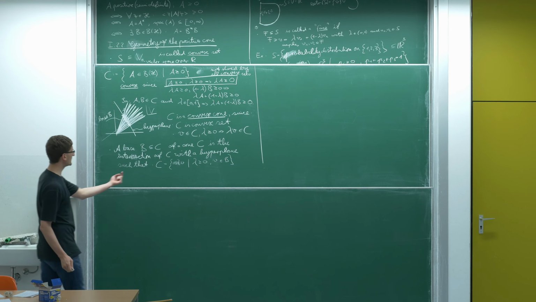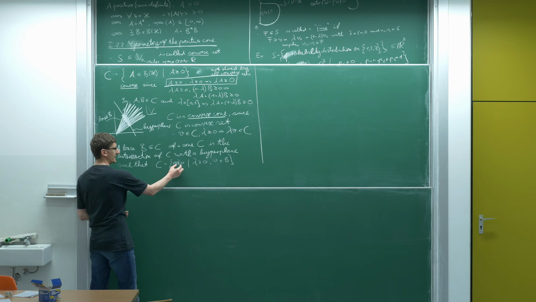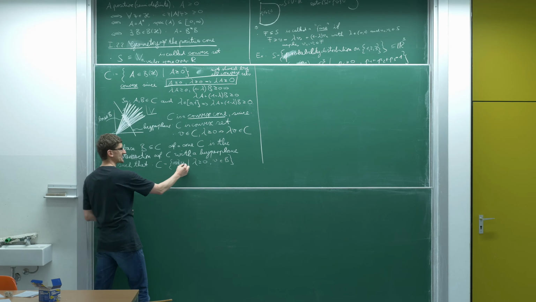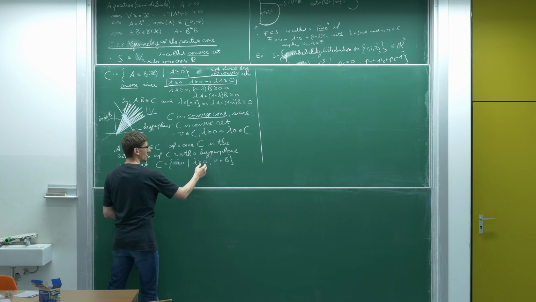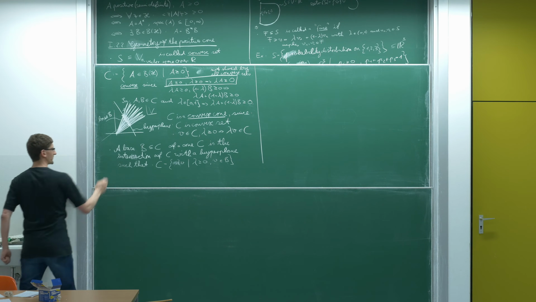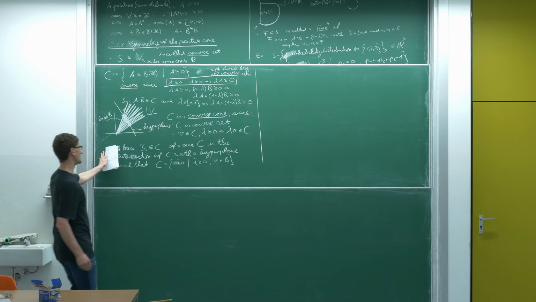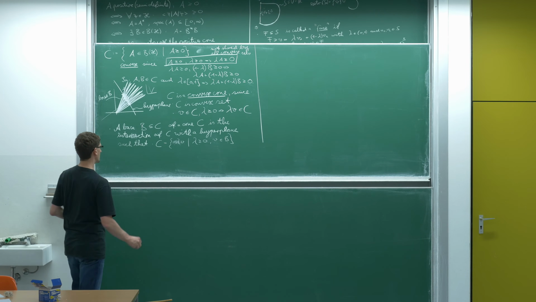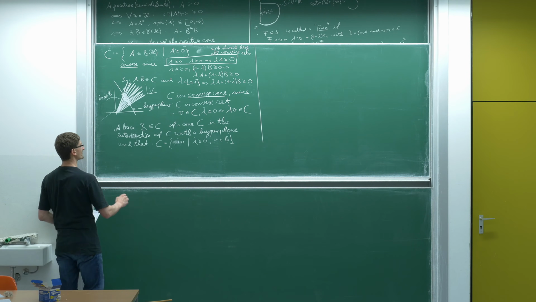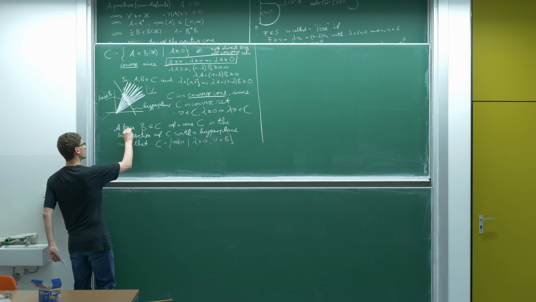So every element of the cone, you should be able to write it as a positive constant times an element of the base, or at least a non-negative constant, such that you also can get the origin. So that's what's called a base of a cone.